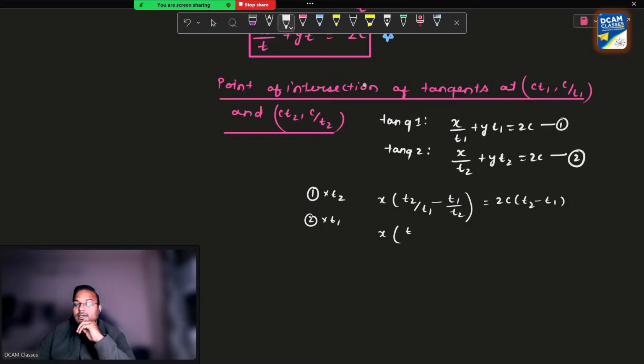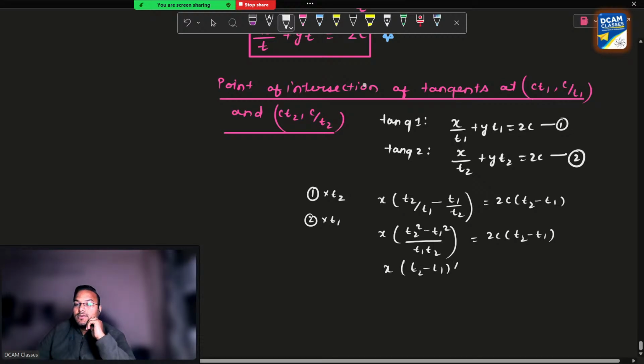So x will be t2 square minus t1 square by t1 t2. So x will be t2 minus t1 into t2 plus t1. Cancel it. So x will be 2c t1 t2 by t1 plus t2.